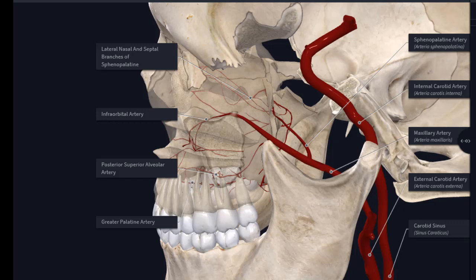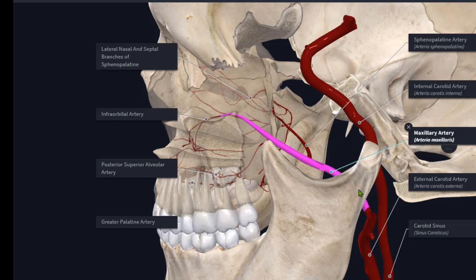Okay, so you will find here the internal carotid artery, and here you will find the external carotid artery. The external carotid artery ascends upward and gives the maxillary branch. So this is your maxillary artery. This maxillary artery has three parts divided by the lateral pterygoid muscle.